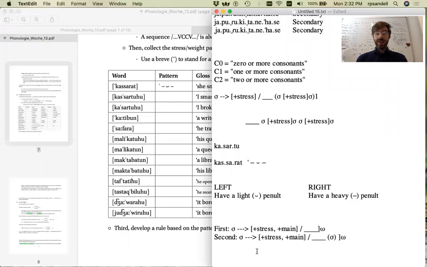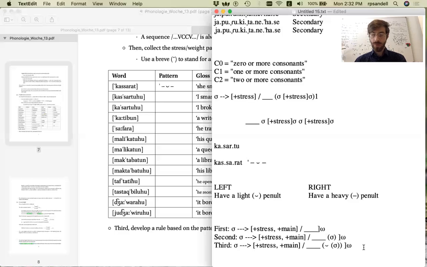The way in which we can skip over a penultimate syllable which is light is by saying that the stress will be assigned to the third to last syllable if the second to last syllable is a light syllable. So, and we'll enclose that in parentheses as well.